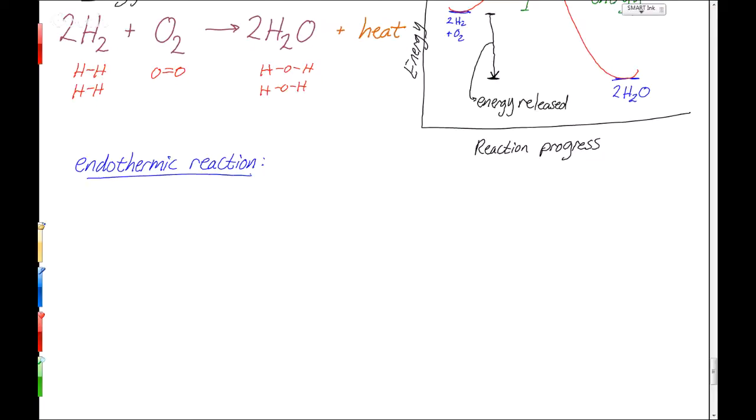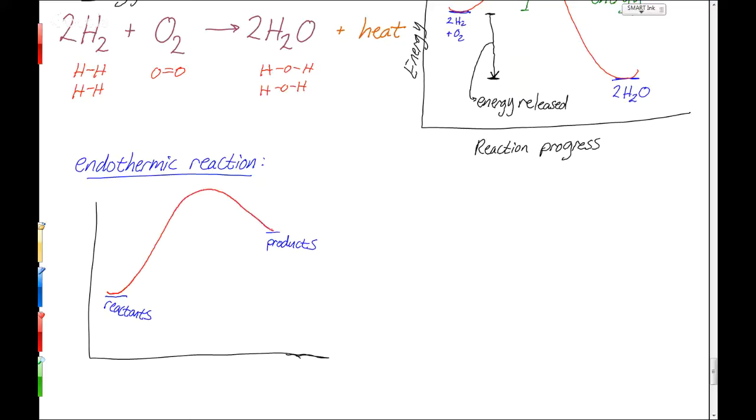An endothermic reaction would have the opposite thing happening. So the reactants might be here, and then the products would be higher energy. There's still going to be an activation energy to an endothermic reaction.